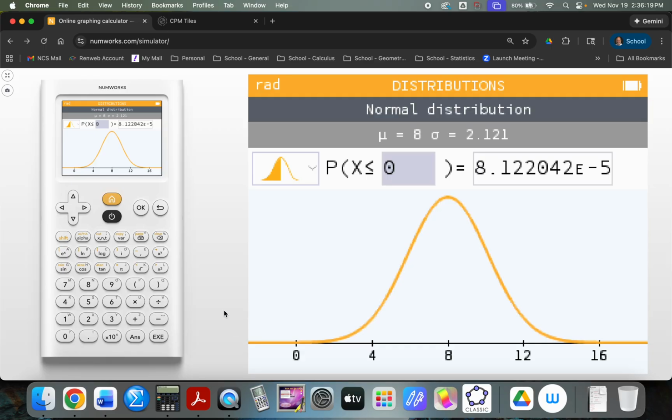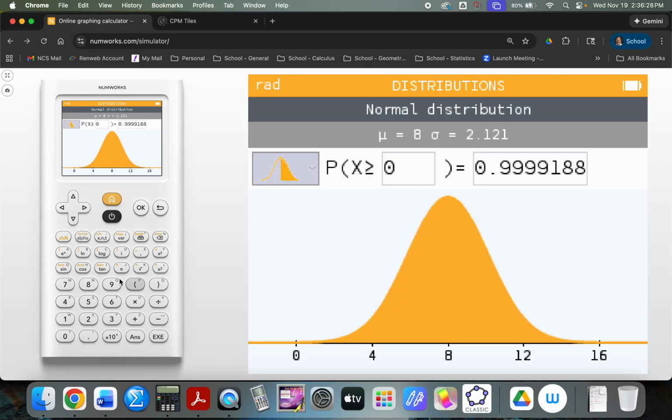So greater than 10. So I've got to go back over here and change this to greater than 10. So there's about a 17.3% chance that you'll have to wait more than 10 minutes.